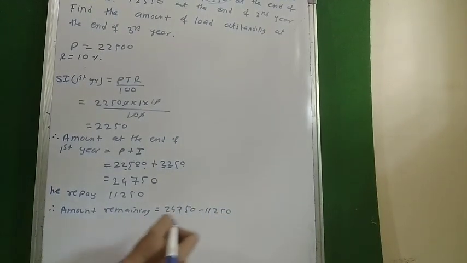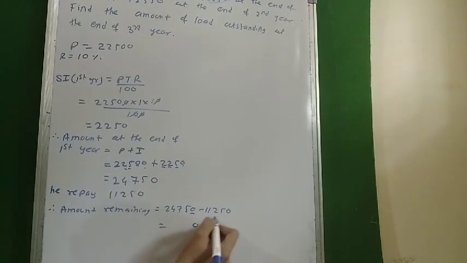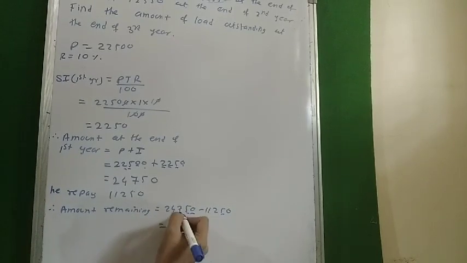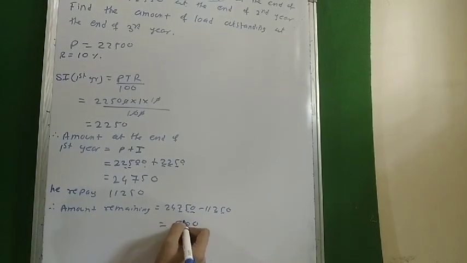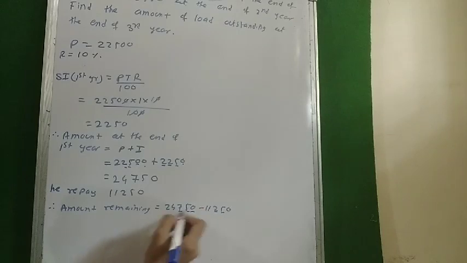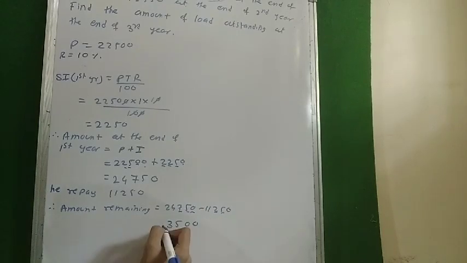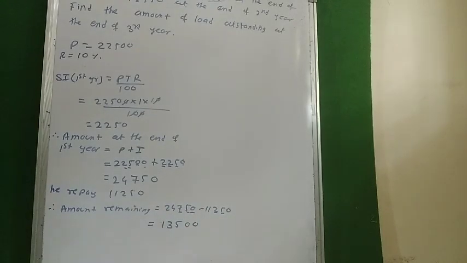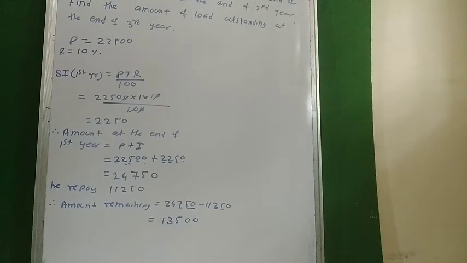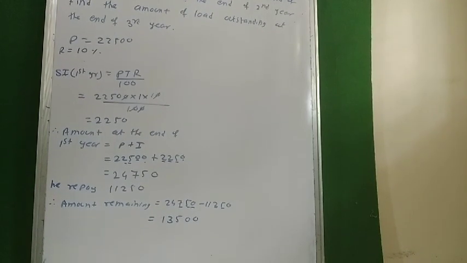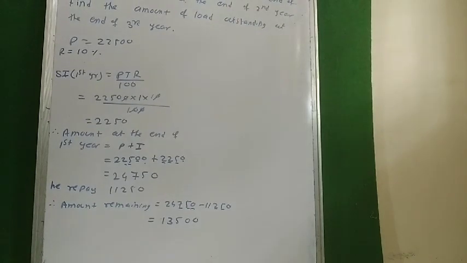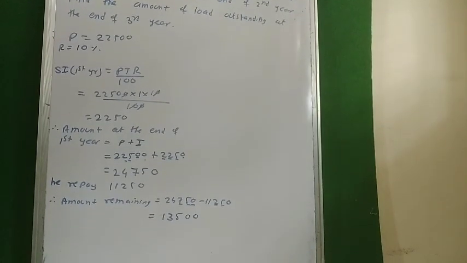So 0 0, it is 0. 5 minus 5, it is 0. 7 minus 2, it is 5. 4 minus 1, it is 3. 2 minus 1, it is 1. So the amount remaining at the end of first year is 13,500. Now we'll solve for the second year.